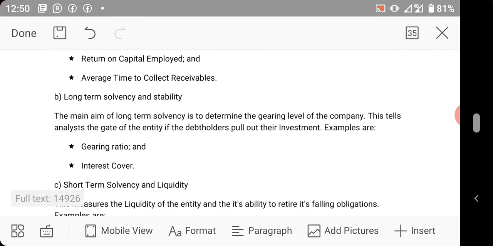The main aim of long-term solvency and stability is to determine the gearing level of a company.